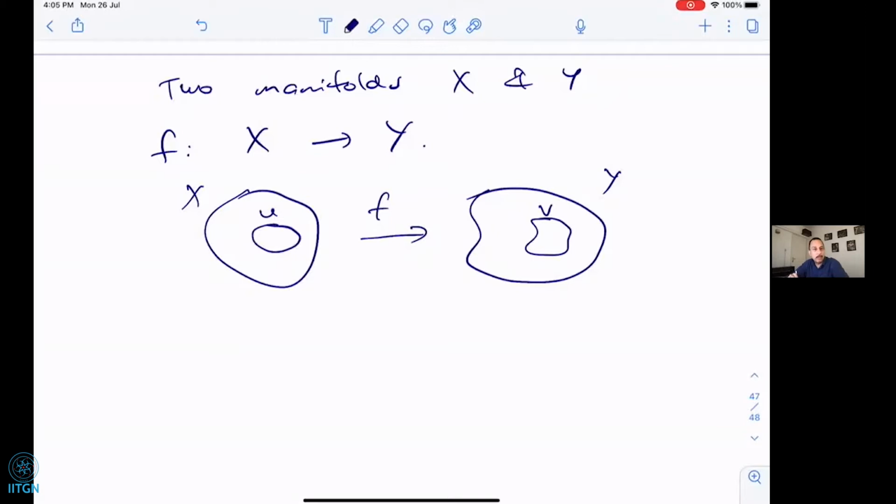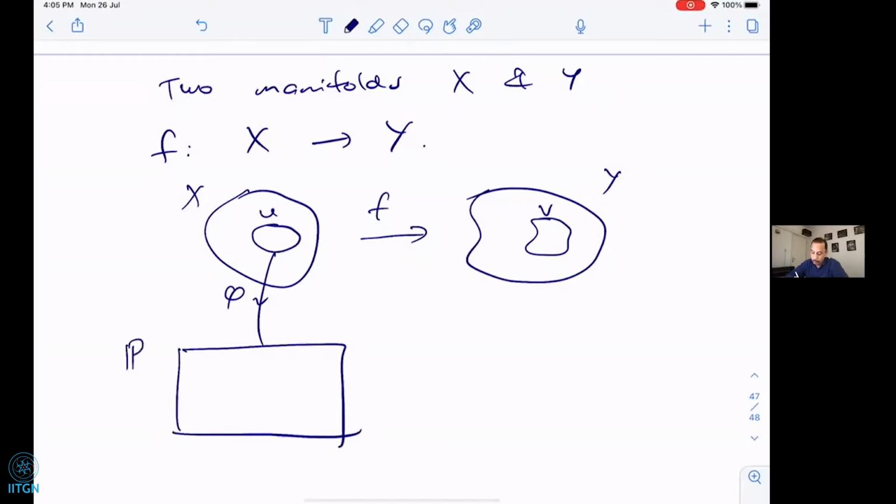Because X is a differentiable manifold, I know that there's a homeomorphism called phi, which takes it to a piece of some Rn, and that piece is called phi of U. It's just the image of U under phi. And phi is a homeomorphism, and that's very important because then it's continuous in both directions and I can follow it in either direction as I want.